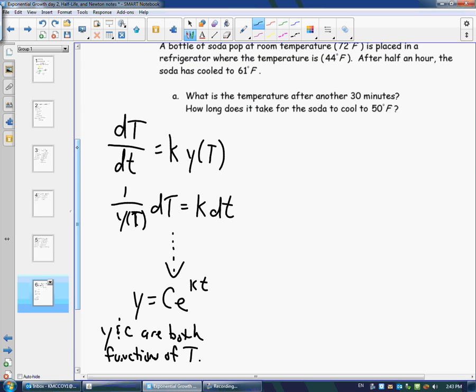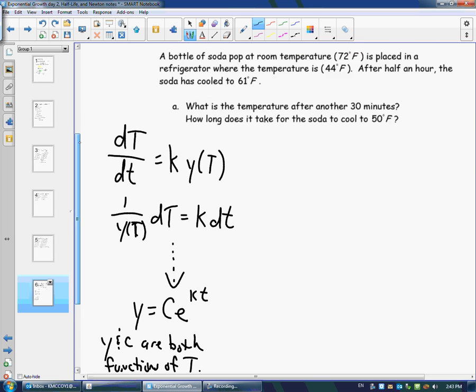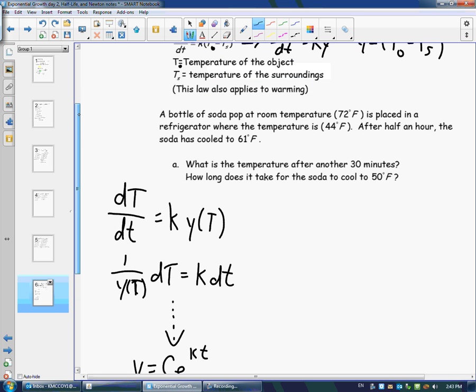So the initial temperature, that's your C. Let's go back up here. The bottle of soda was put in at room temperature, so that was the initial temperature of the object. It's placed into a refrigerator where the temperature is 44 degrees, so this is the temperature of the surroundings.